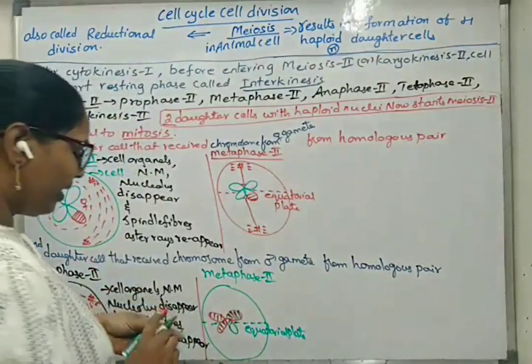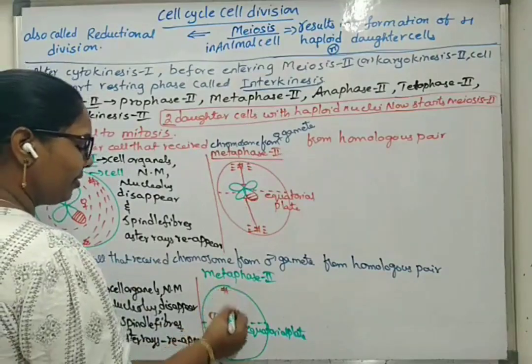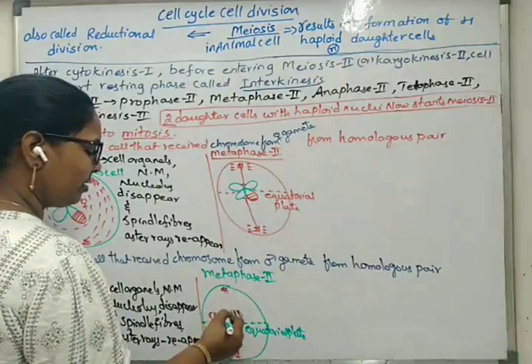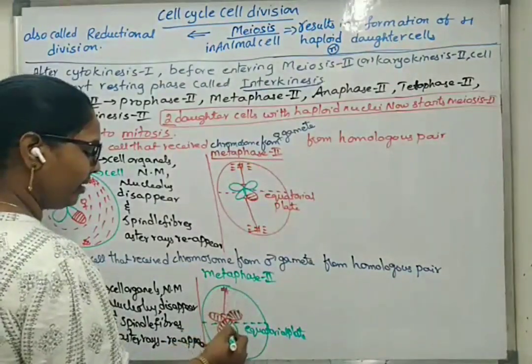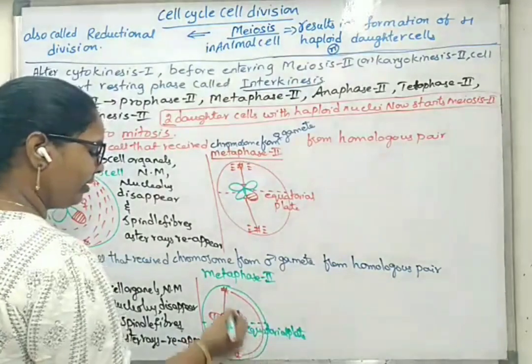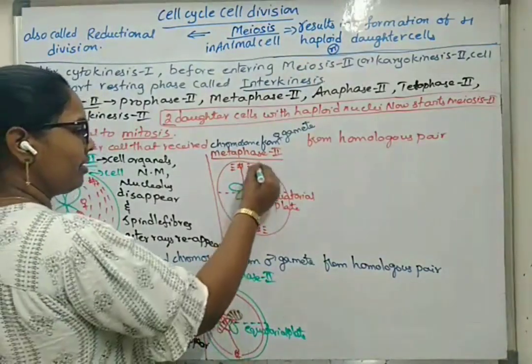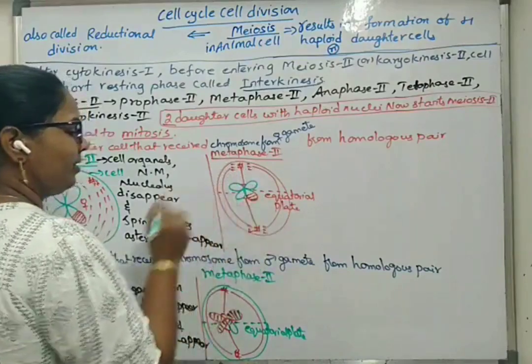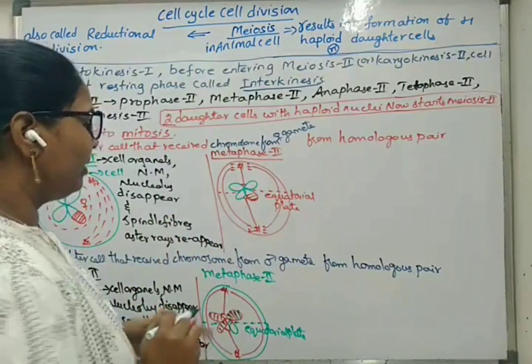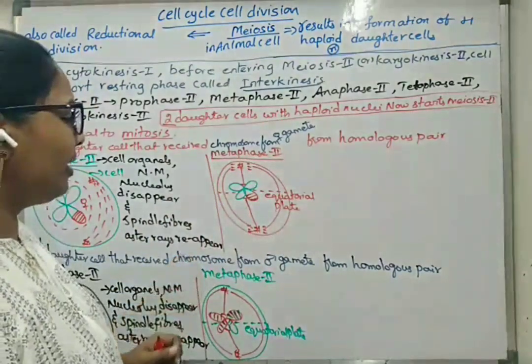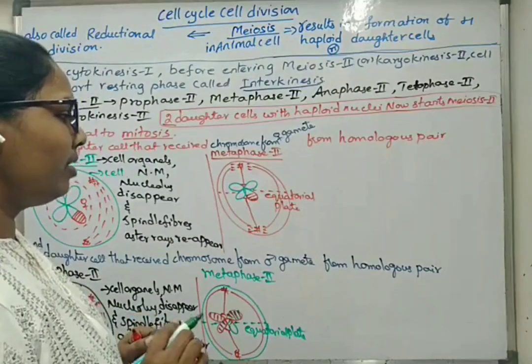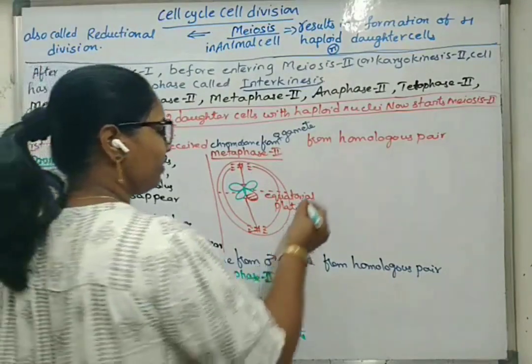At this stage, we can easily study the morphology and shapes of chromosomes. Kinetochore, spindle fibers attaching to kinetochore, continuous spindle fibers. So in metaphase, we see only the arrangement of the chromosomes on the equatorial plate.